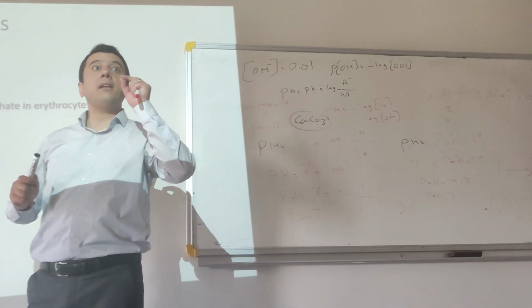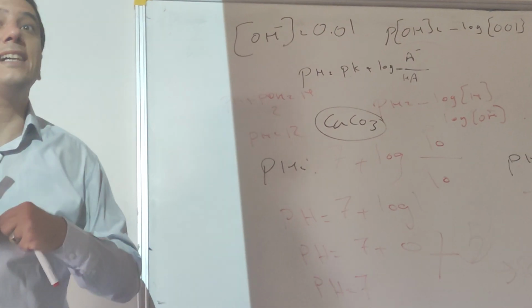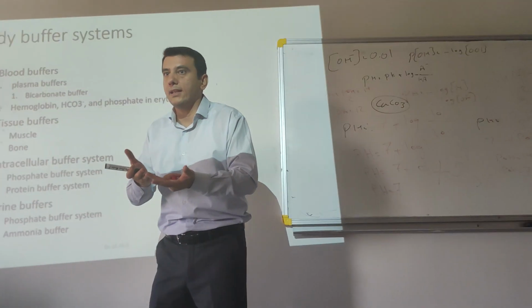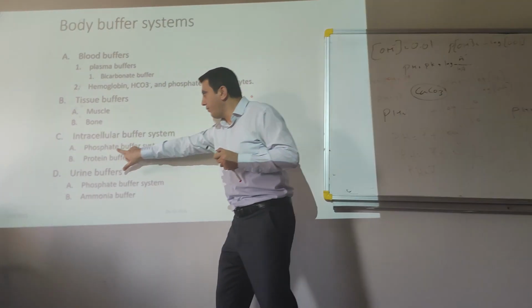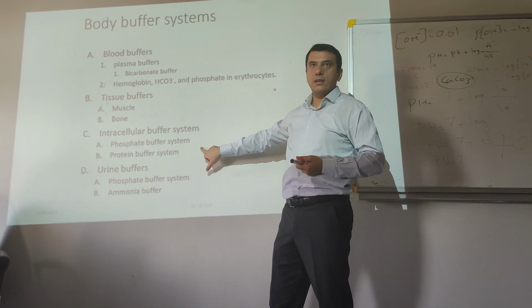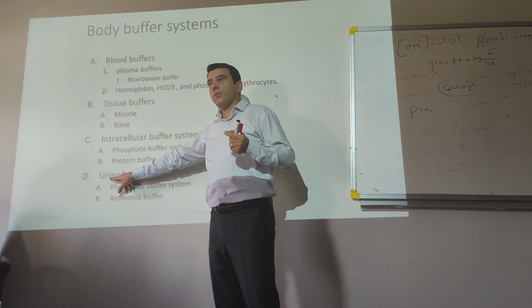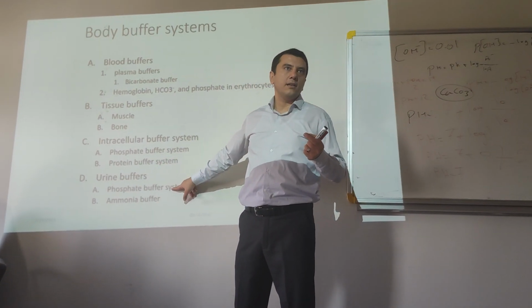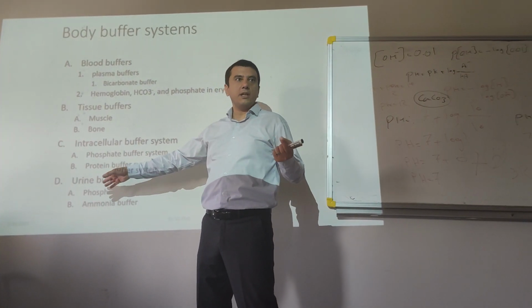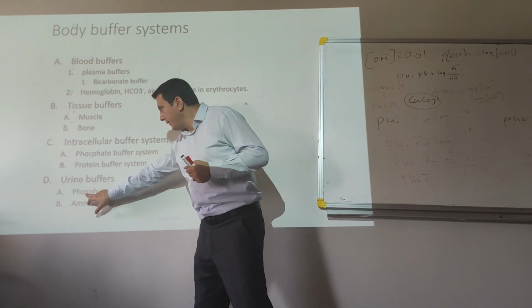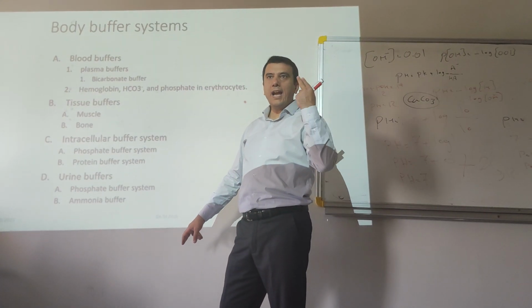Intracellular buffer, the main buffer in our cells, not in our blood, is the phosphate buffer. The other buffer is the protein buffer. We have a very important buffer in our urine. Do you know what urine is? Two buffers we have in our urine.